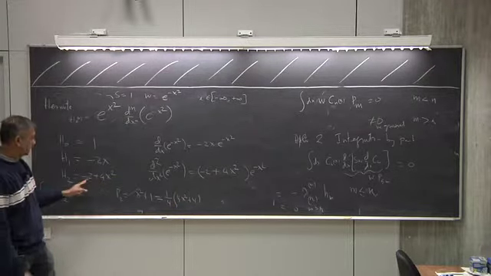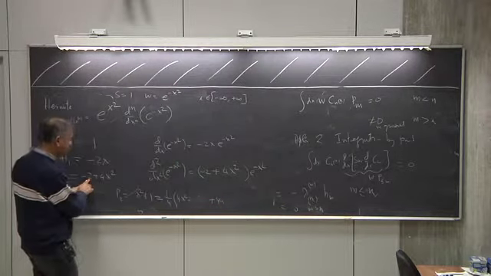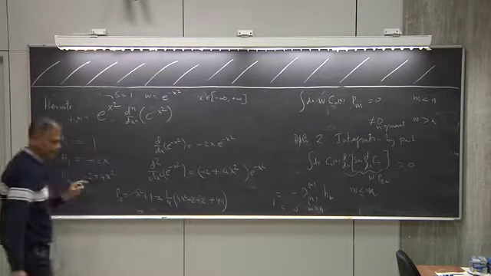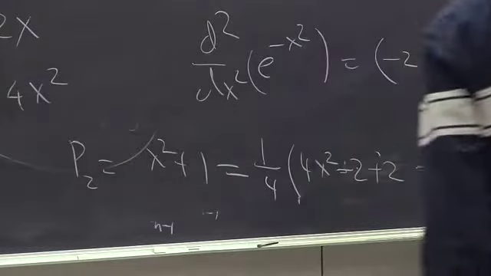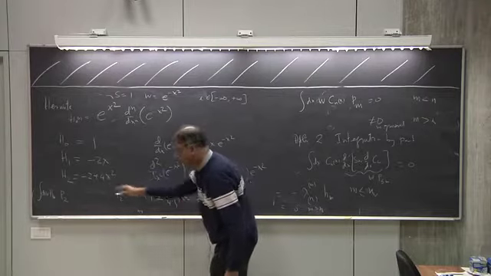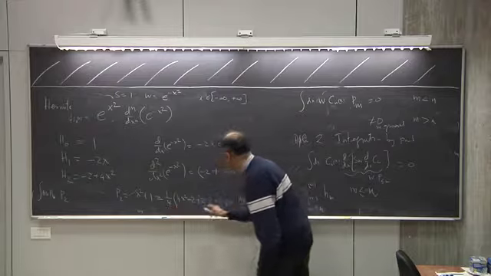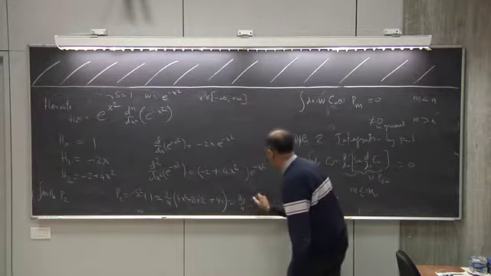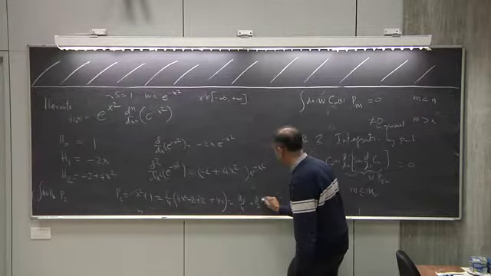But then with 4x square plus 4, let me add and subtract 2, so I put here minus 2 plus 2. Then what we are finding is that if you look at the first term, 4x square minus 2, that is H2. So this gives you H2 divided by 4, and then you have 4 plus 2 remaining, so 6 divided by 4 is 3/2 times H0, because 1 is H0.